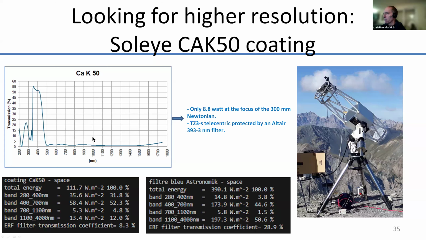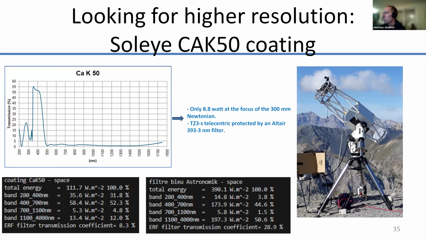So it's very effective because the transmission is only 8% of energy compared to the 30% of the blue astronomy filter. So it's very effective. And at the focus of the 300 millimeter telescope, I have less than 10 watt. 10 watt is not huge. Still, you feel some heat when you put the hand at the focus.